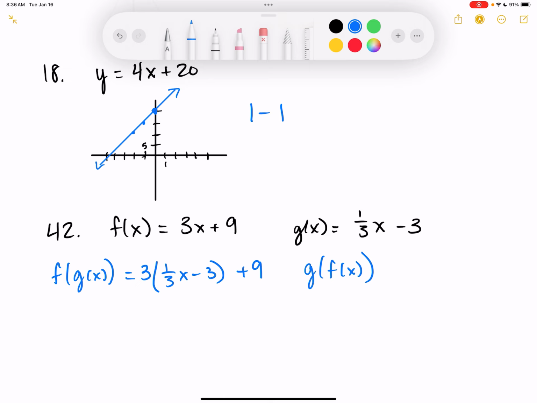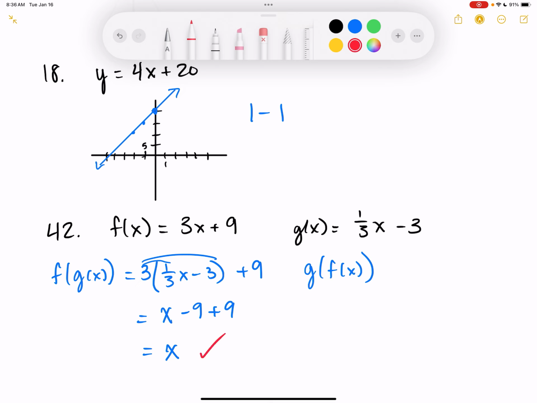So then distribute in here. 3 times the 1/3 x, that's going to cancel and give you just an x. Then 3 times -3 is -9. Plus 9 on the end. The -9 and the +9 cancel. You're left with an x.